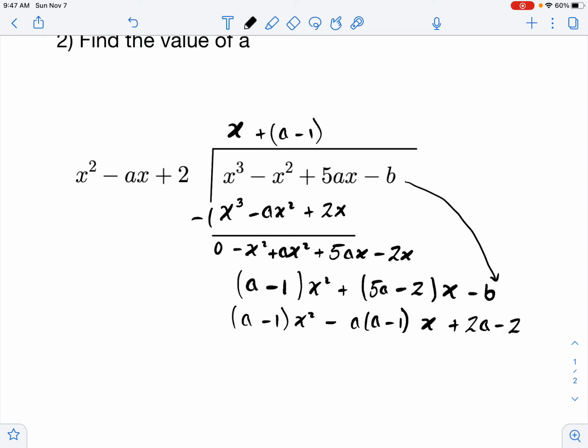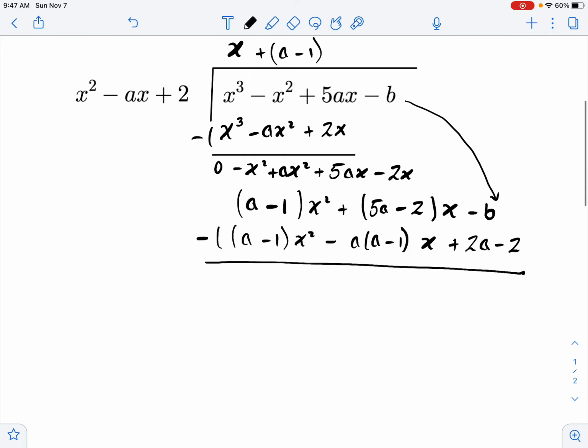And now I subtract again. Subtracting, I will get a minus 1 x squared minus a minus 1 x squared is, of course, 0. So I'll just put that over there. So that's 0. I'm looking at the x terms now. 5a minus 2x minus negative a on a minus 1 x.